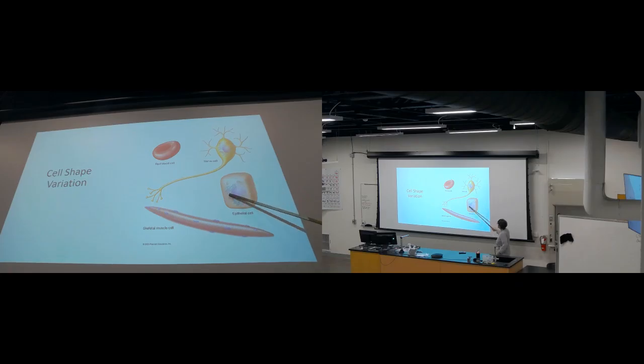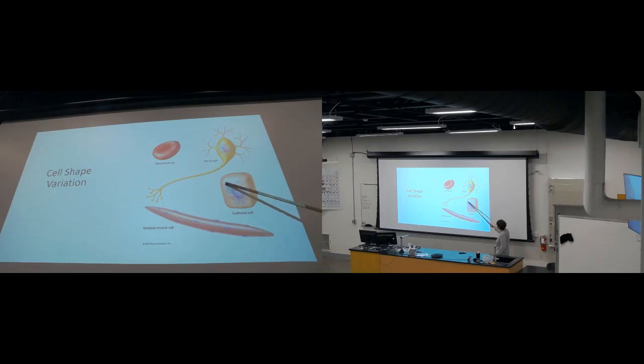In areas of the body, like in our skin, our esophagus, our gut, and our lining of our respiratory system, we have sheets of cells that protect us. These are epithelial cells.